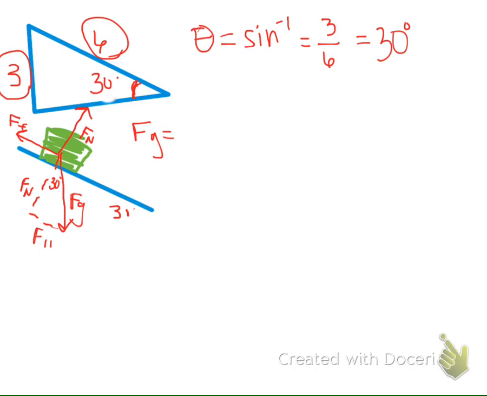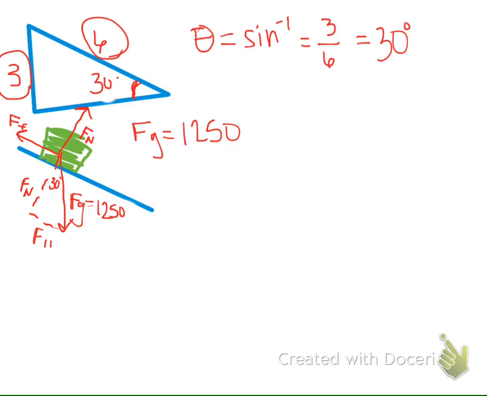We're given the weight. We're given F sub G. So we just know that F sub G is 1250. They told us that because it says an object that weighs 1250 newtons. So that is F sub G. So we can then plug that in down here as the hypotenuse of our triangle.